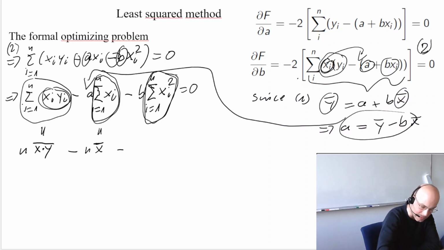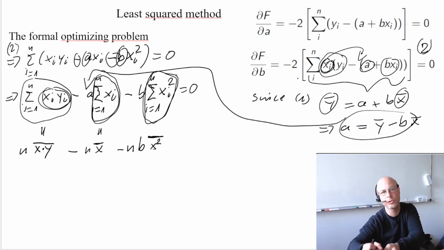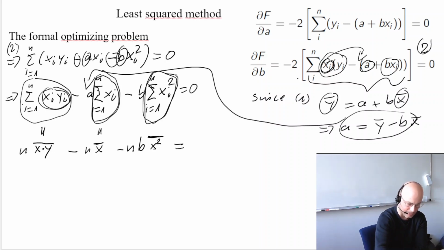So times n, b, x squared, and now the bar has to be above the squared, because this means you should multiply x_i times x_i, for example x1 times x1 at first, and then you take the average of your data points. And here I lost some A.